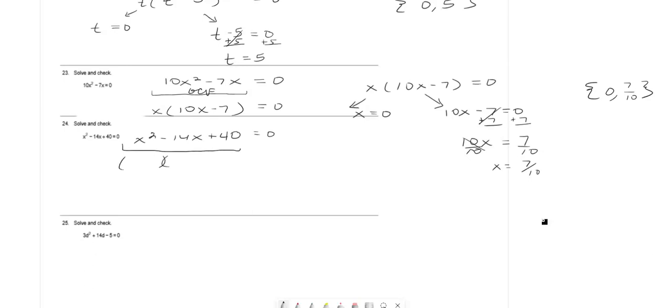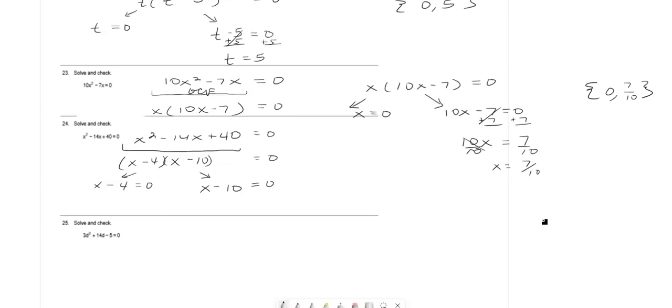So once you do all of that work on your paper, you should end up with x minus 4 times x minus 10. So we have our two factors, and that's set equal to 0. So we're going to take the x minus 4, and we'll take the x minus 10, create equations out of those by setting them both equal to 0, and then solving.